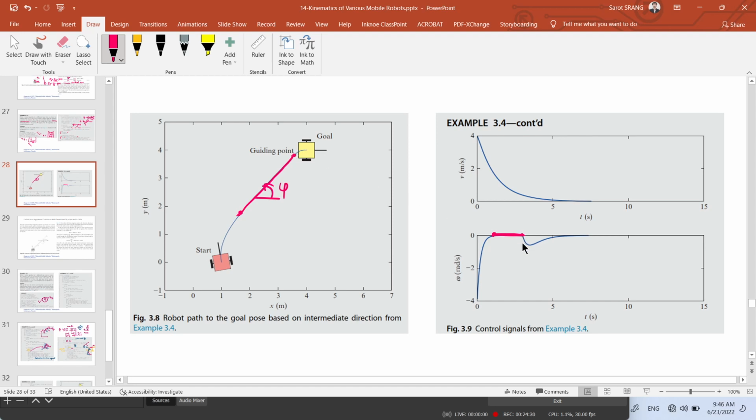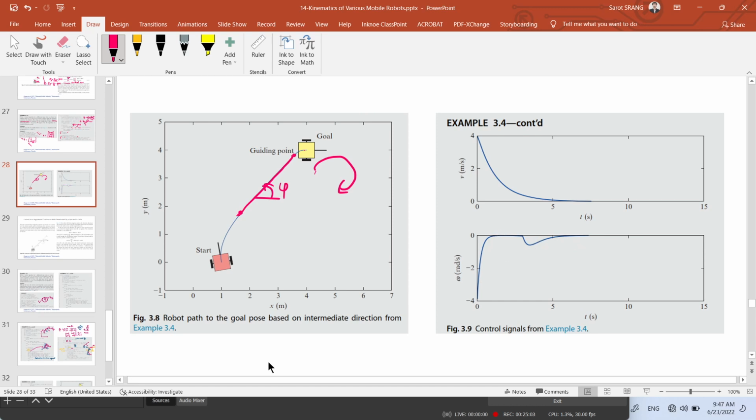So omega has a certain value, and you can see that omega rotates in the direction of clockwise, so it falls to be negative, like this. But then when it has almost reached the goal, it asymptotically approaches 0 and stays there, like this.